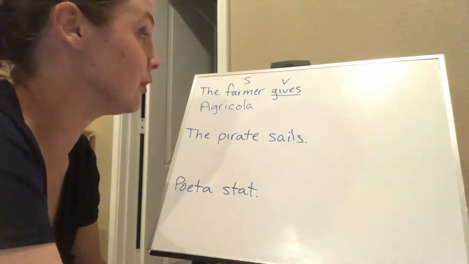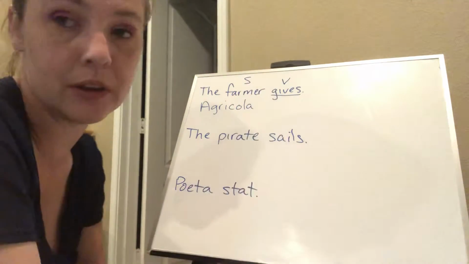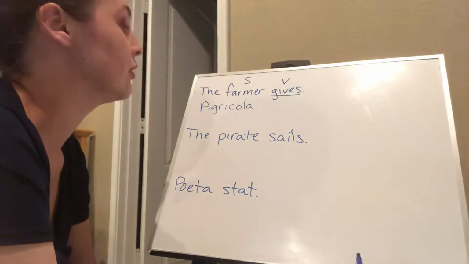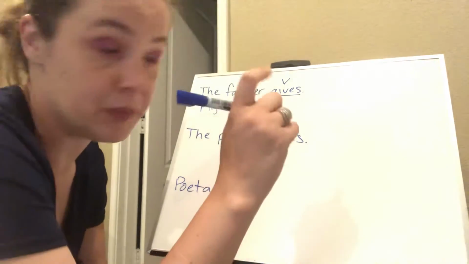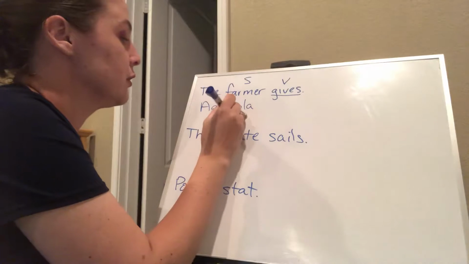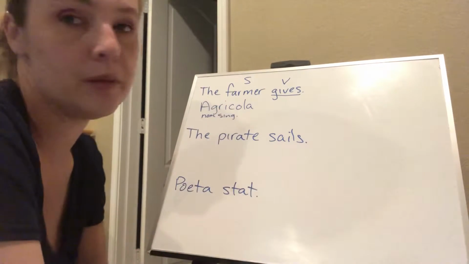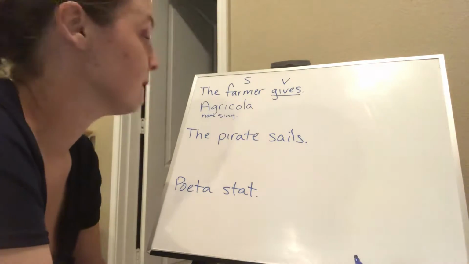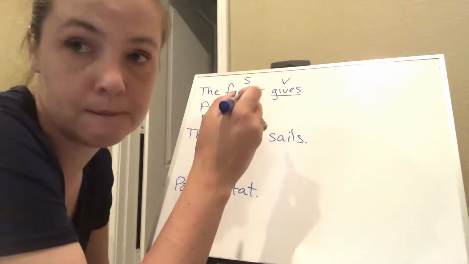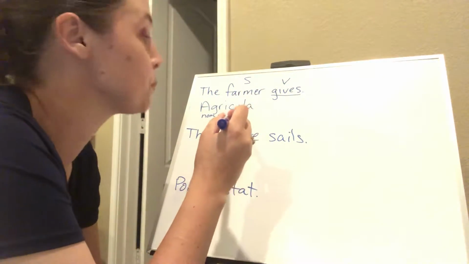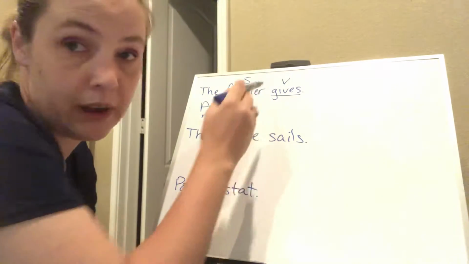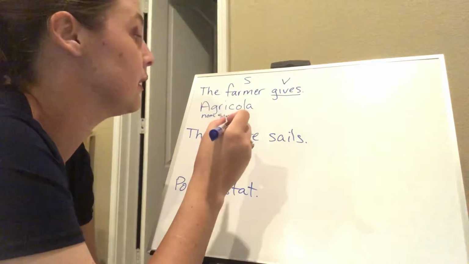If it was plural, we'd have farmers up here, okay? So, one farmer, which means this is singular. We already know that it's nominative, okay? So, if it's singular, then our verb is going to have to be singular, okay?